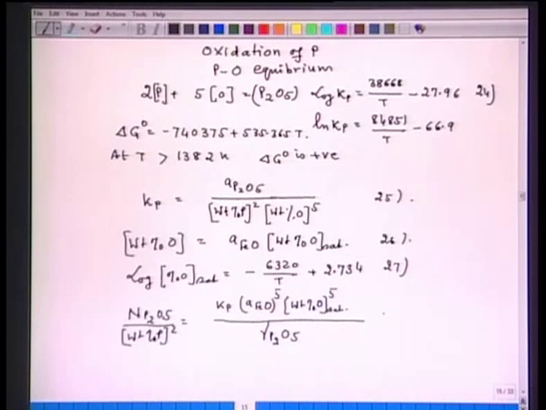Let us call this equation 28. What I have done in this equation is replace activity of P2O5, which is equal to Np2O5 into gamma P2O5.